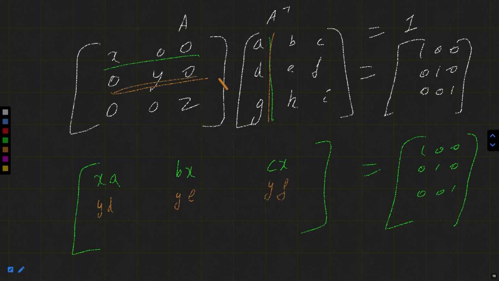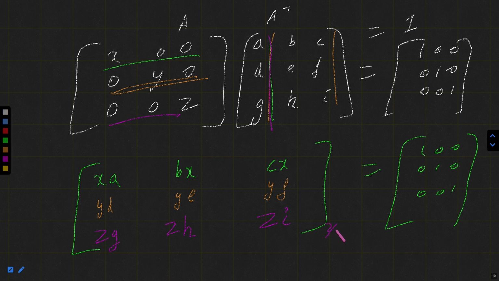Now the third row will be zg, zh, and zi.